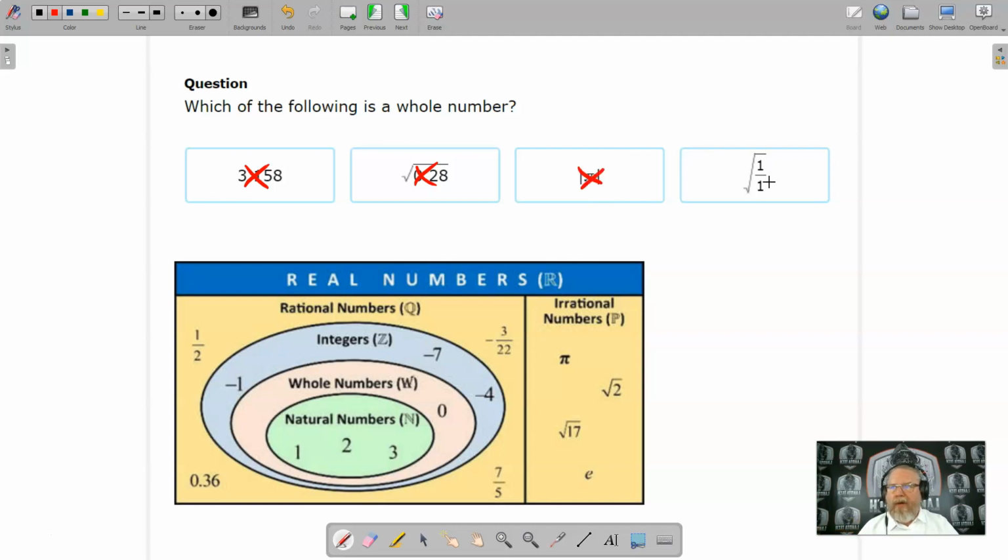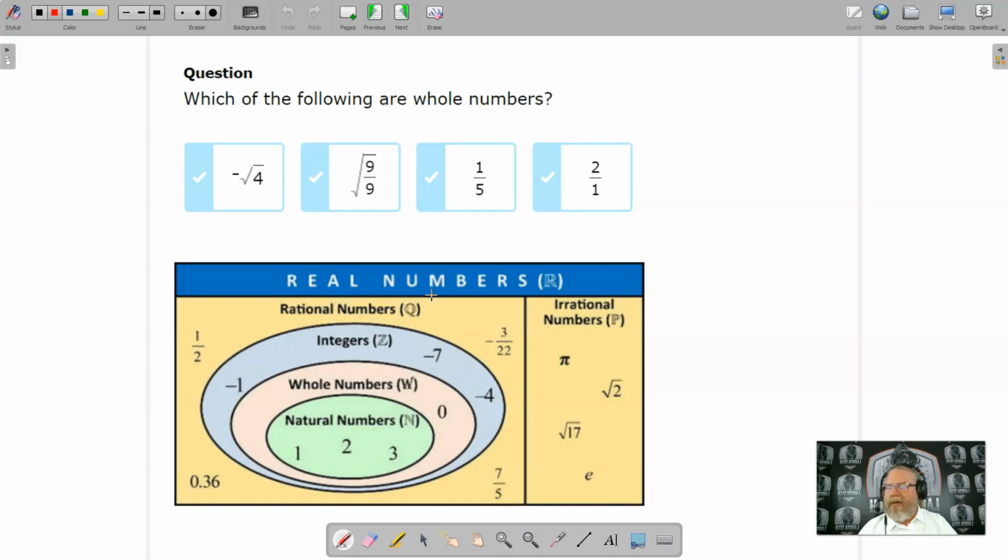What about the square root of 1/1? Well, the square root of 1/1 is equal to 1, and the square root of 1 is 1, so is the number 1 a whole number? Well, we see that number 1's here, so that means it's natural, whole, integer, rational, and real. So is it a whole number? Indeed, it is a member of the whole numbers.